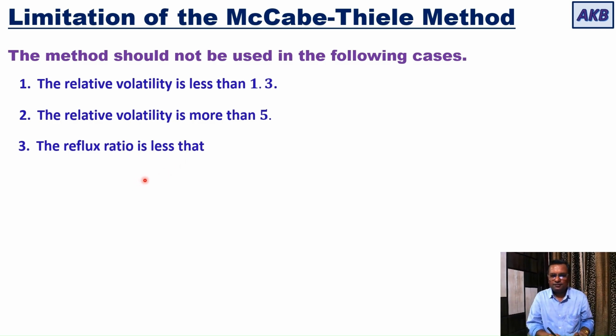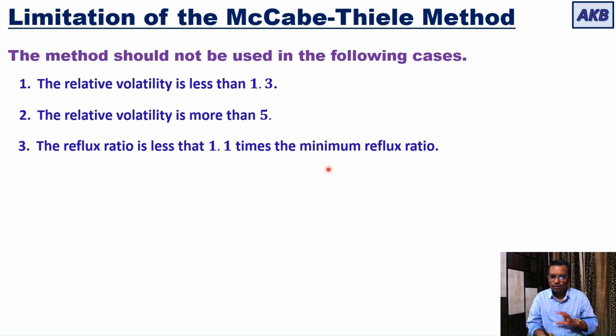Then, if the reflux ratio is less than 1.1 times the minimum reflux ratio, don't use it. If you try to use it, you are not going to get the correct results. That is, you cannot use McCabe-Thiele method if the reflux ratio is less than 1.1 times the minimum reflux ratio.